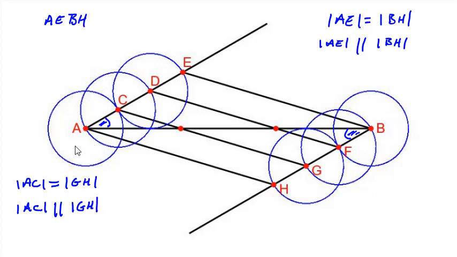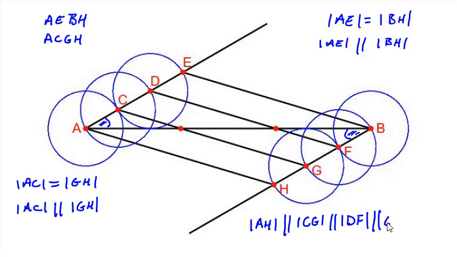And so, we have a parallelogram ACGH. And we can make similar arguments, and what we are showing is that AH is parallel to CG, which is parallel to DF, which is parallel to EB.